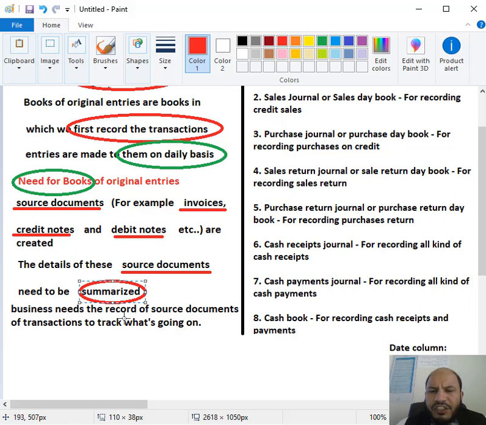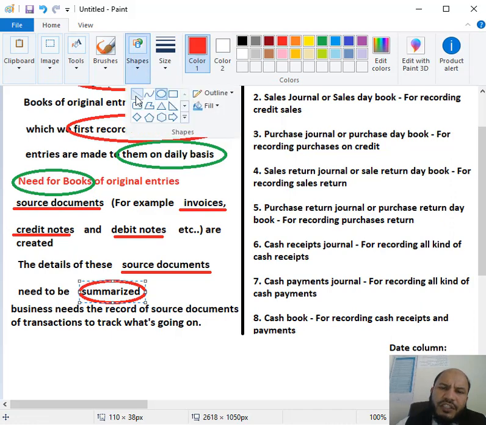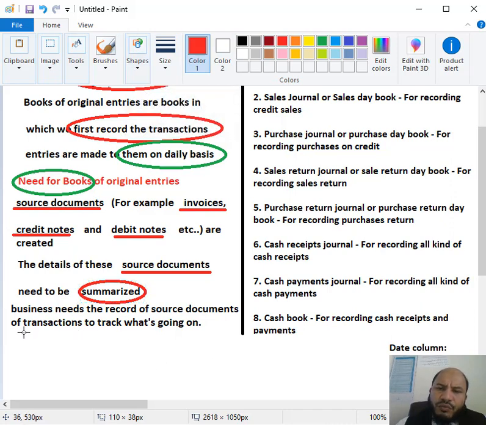The business needs a record of source documents of transactions to track what is going on. Through these source documents, the business can understand what is going on if we record them perfectly. To record all these source documents perfectly, we need general journal entries.